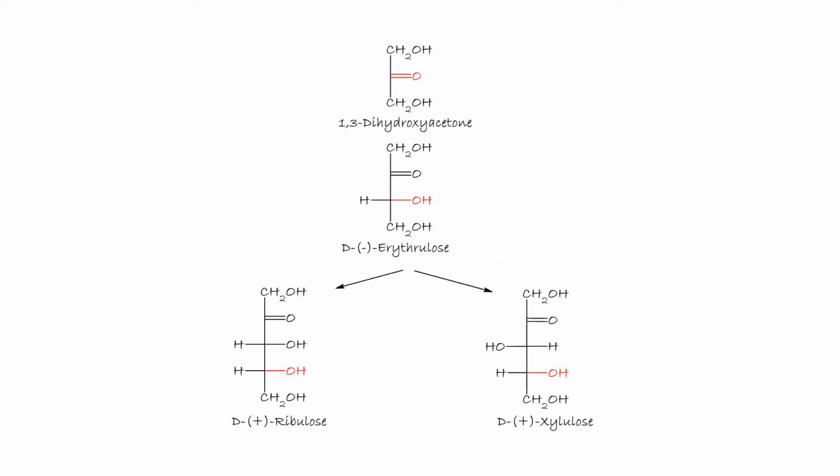For the ketoses, it's 1,3-dihydroxyacetone, the first one in this family. There is no chiral center to name D or L. Then the first one actually will be D family, will be erythrulose.